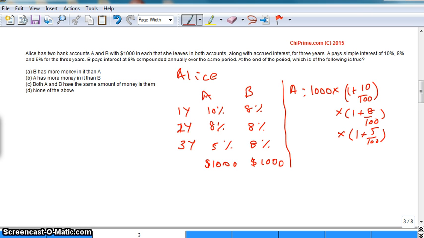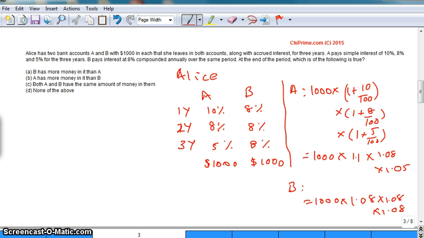So that equals 1,000 times 1.1 times 1.08 times 1.05. Similarly, we can reason that in account B, the amount of money she has at the end of the 3-year period is 1,000 times 1.08 times 1.08 times 1.08.